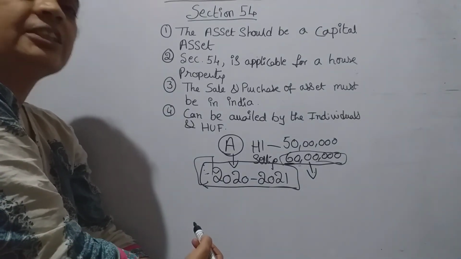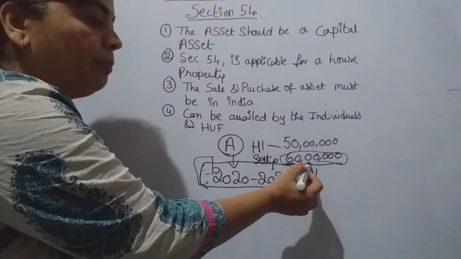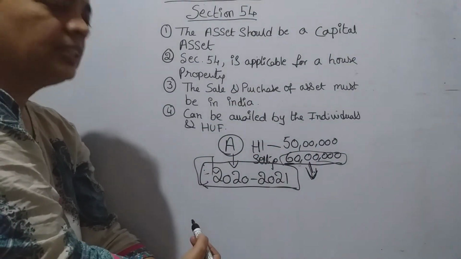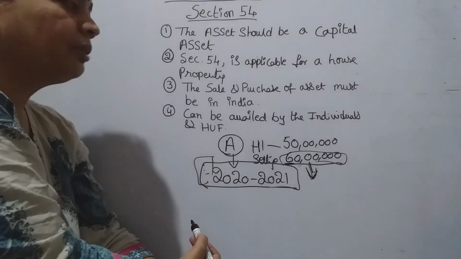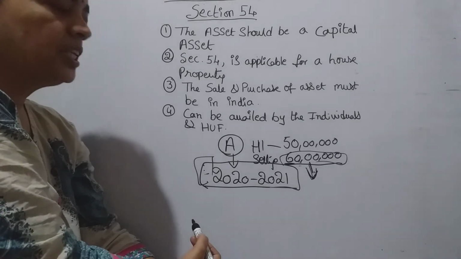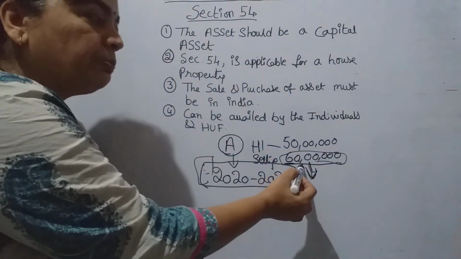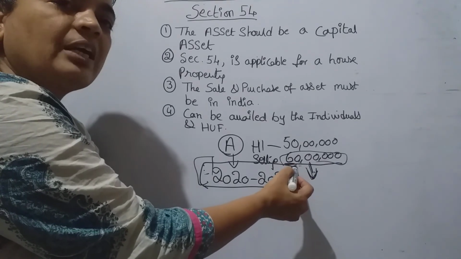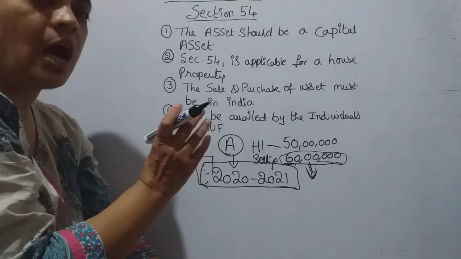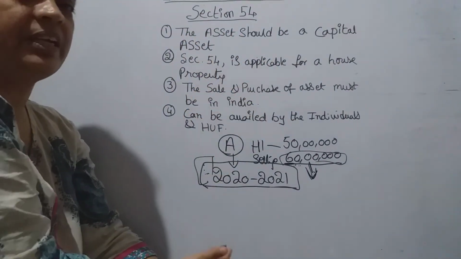And the last and final thing is, suppose you are not able to purchase a new house with this amount, then still you can avail the exemption. How? You should go to a nationalized bank and deposit the total consideration in a capital gain scheme account until you purchase another property.